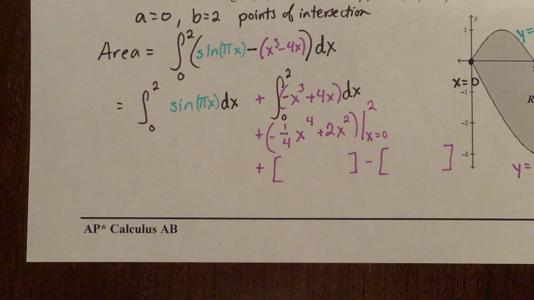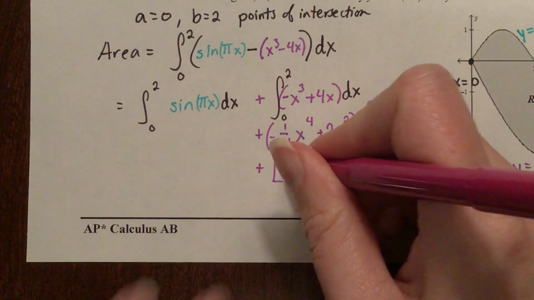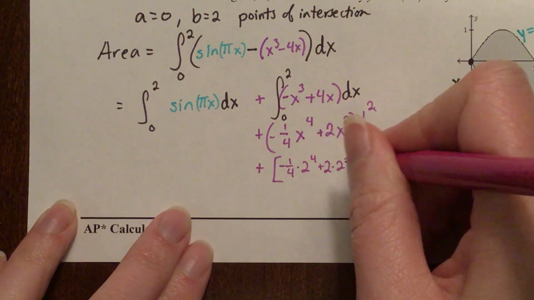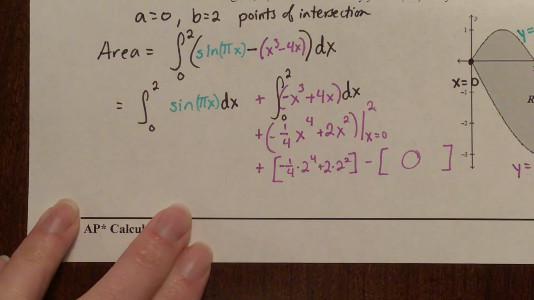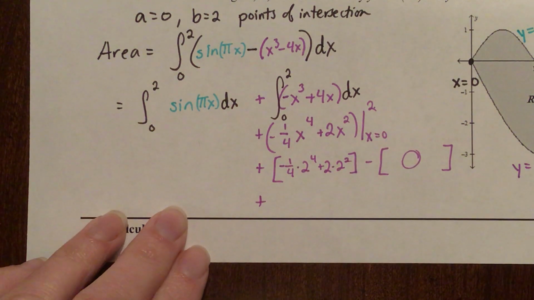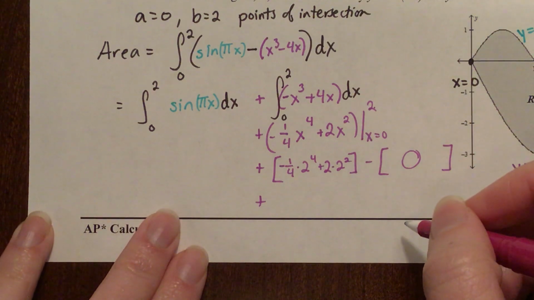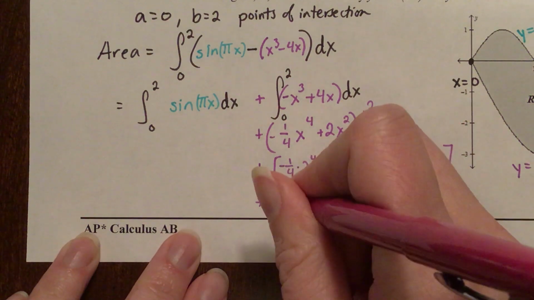Did I do that step by step? Heck yeah, I did. Okay, so we're going to plug in the 2 here. So this is negative 1/4 times 2 to the 4th plus 2 times 2 squared. And plugging in 0, you get 0. So this becomes negative 4 plus 8.